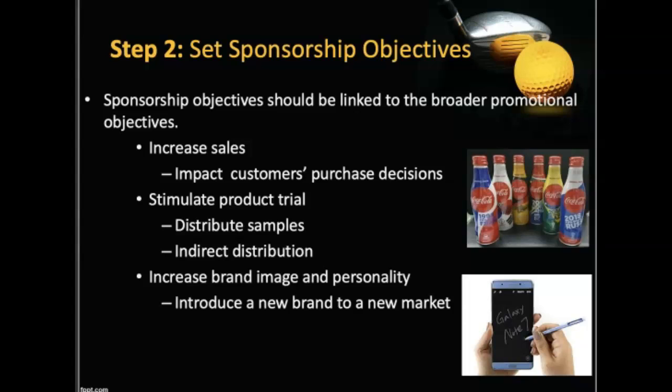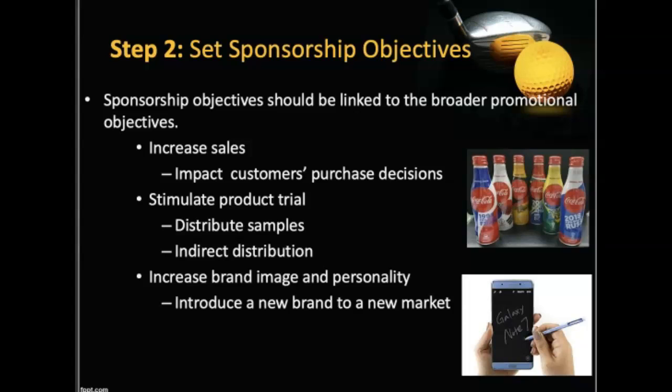Basically, we would like to have the opportunity to distribute samples. If we just introduced a new product to the market, we want to get some feedback from customers. So when we are negotiating the sponsorship package, we would like to see whether you can give me the chance to distribute some samples to the spectators, so we can get feedback on whether the sample we're about to introduce to the market is good or not.